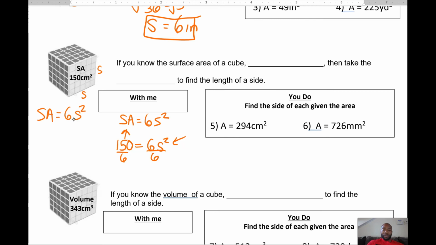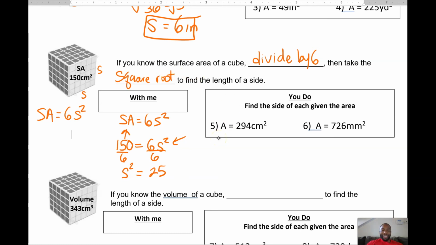So I'm going to write this from left to right, because that's the way I like to see stuff. So I get s squared is equal to 25. So what's the first thing I need to do? You divide by 6, then take the square root to find the side.